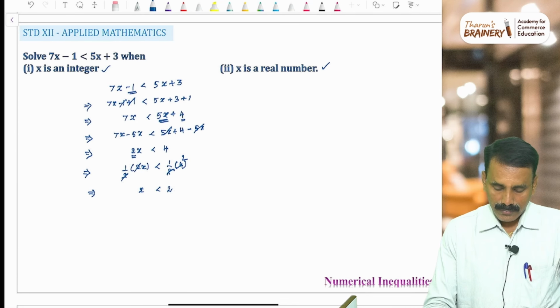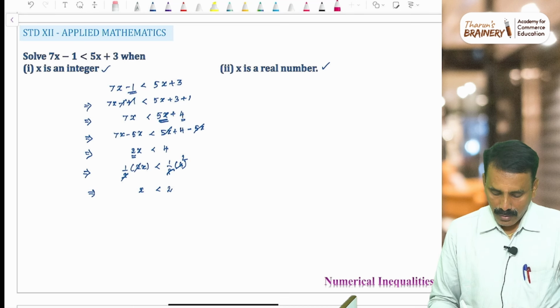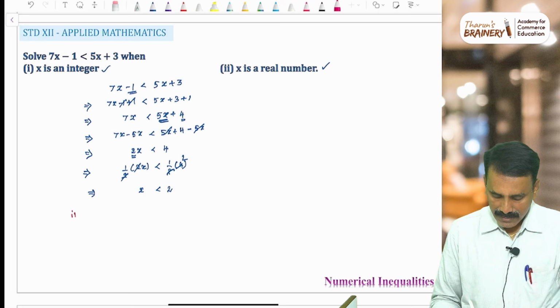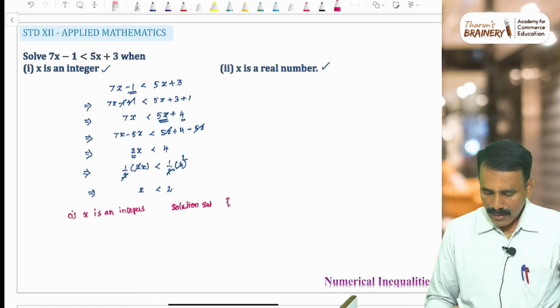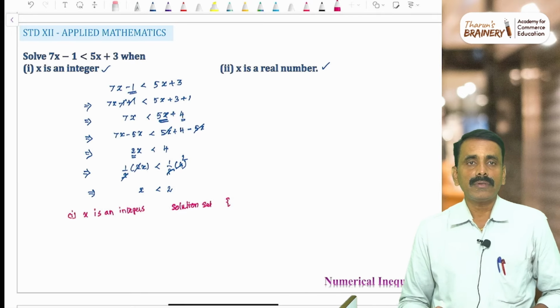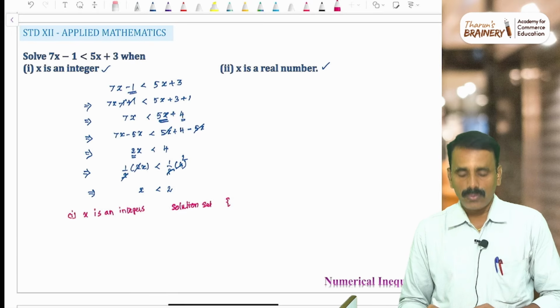Now what is the solution when x is an integer? x is an integer. So what are all the integers which are less than 2? In that case the solution set will contain all the integer values which are less than 2.